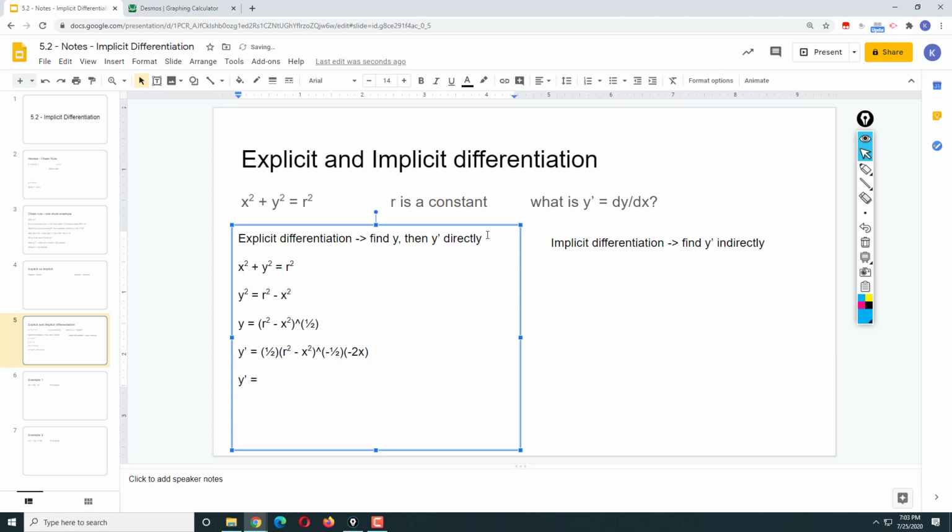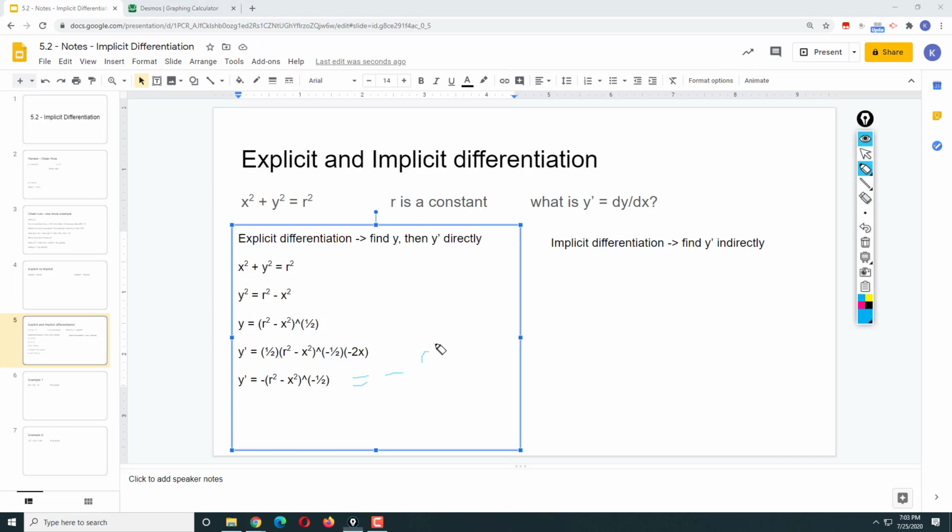The 1/2 and the 2 cancel, but there's a negative out in front. So it's negative of r squared minus x squared to the negative 1/2 power. Let's write that out. What does that mean?